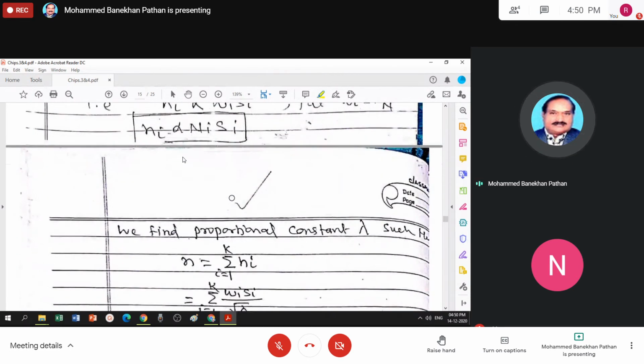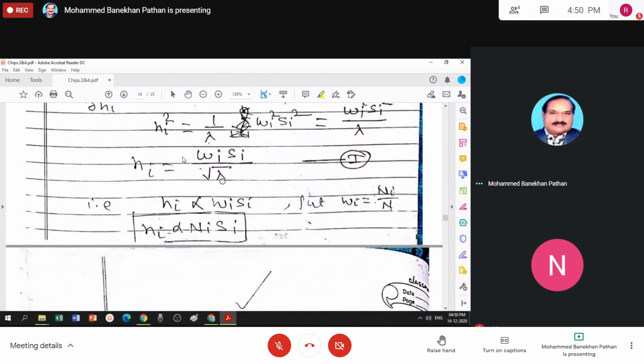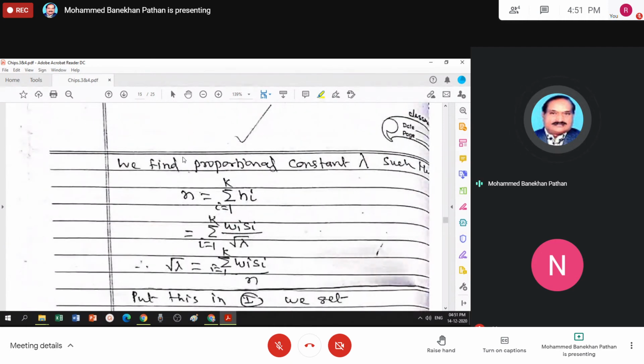So we find the proportional constant lambda in this equation. If I get the answer of lambda, I will get the formula for Ni under Neyman's allocation. Let us see how to decide lambda. We find the proportional constant lambda such that total sample size equals the sum of Ni.